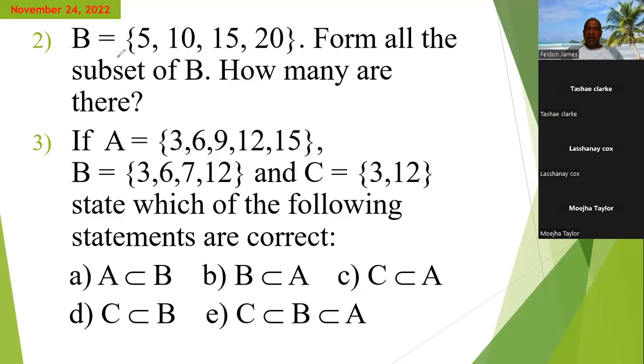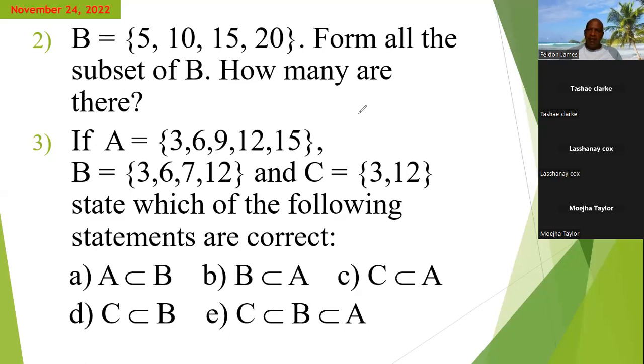Instead, I would ask you to state how many subsets can be formed from B. That would be based on the formula that you just met. How many subsets can be formed from B?